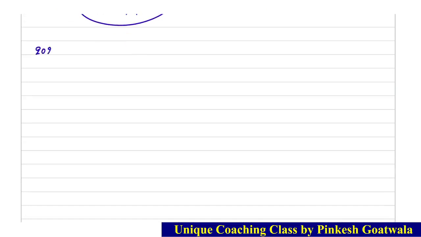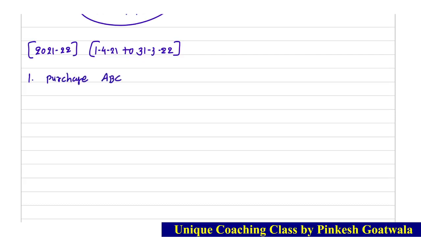Here remember our year is 21 to 22. We are calculating this year, 1st April 21 to 31st March 22. Okay, let's take a different example. Purchase, ABC Limited, 10%, 2 lakh debenture.